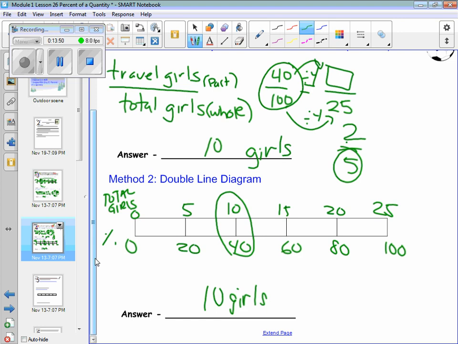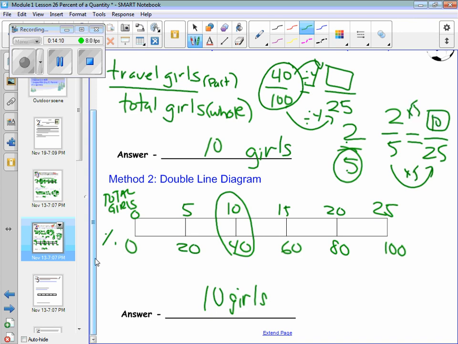Okay? And I'll take it a step further. Look, if I use 2/5, and I take my other ratio here, which is blank over 25, I could figure it out this way too. 5 times 5 is 25, and 2 times 5 is 10.